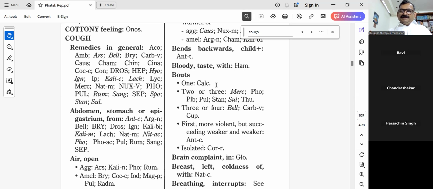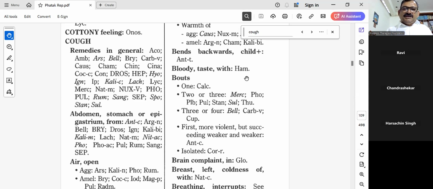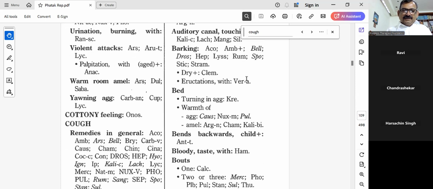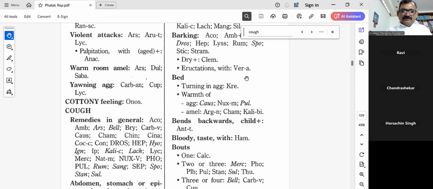And two or three means you can think about it, because you already found out many other things. Suppose I will tell you now how to do it. See, already now barking cough with two or three bouts. So for barking cough, what are the common remedies we have here? Check.